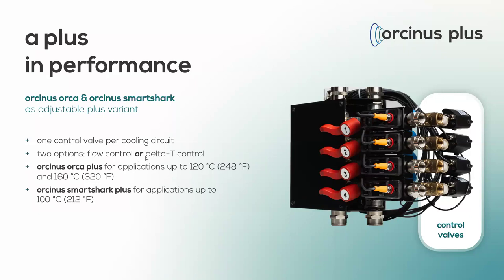Or you can say for every single circuit, I want a delta T of 1 Kelvin or 2 Kelvin, and then the plus version valve is opening and closing so that you always have a delta T of 1 or 2 Kelvin like you want. The plus version in the high temperature version goes up to 160 degrees.